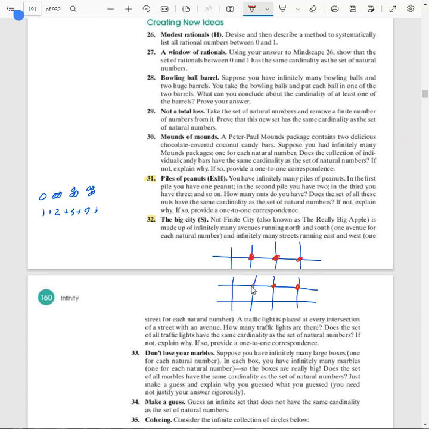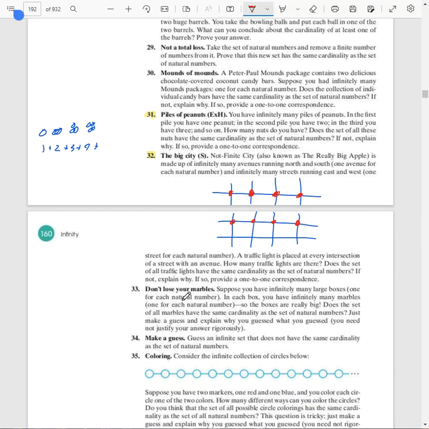How many traffic lights are there? There's infinitely many. Does the set of all traffic lights have the same cardinality as the set of natural numbers? This is where you will want to look at our discussion on the real numbers. That's your hint on number 32.